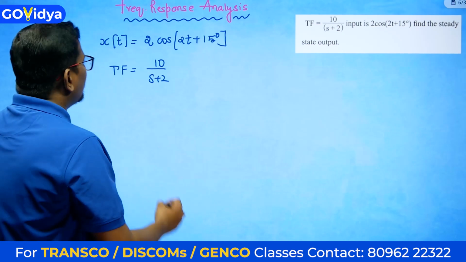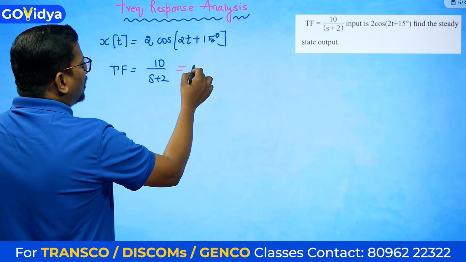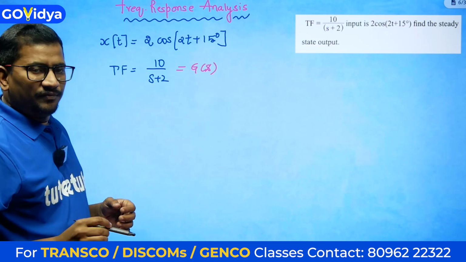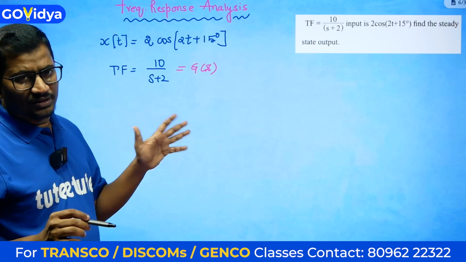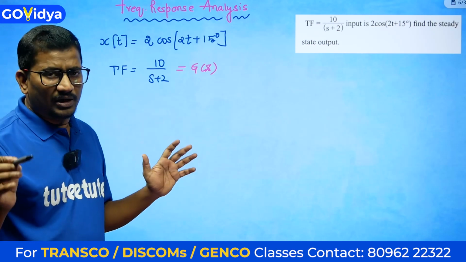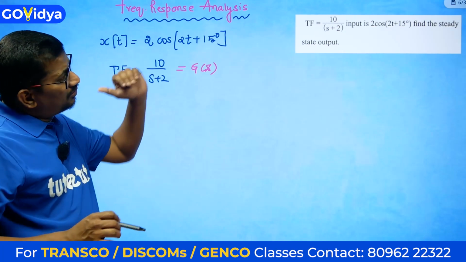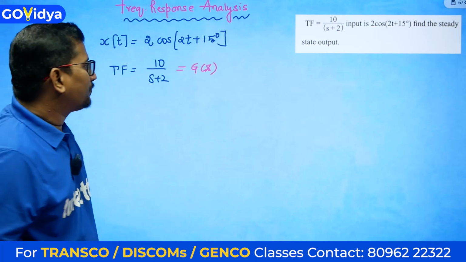Then we will see. So first of all, let us say this is G of s. In frequency response analysis, any problem you take, please put s equal to j omega. Then proceed further and calculate the magnitude and then phase. First calculate that. Later on, go to the question and what they are asking, and from that you identify it. Okay.